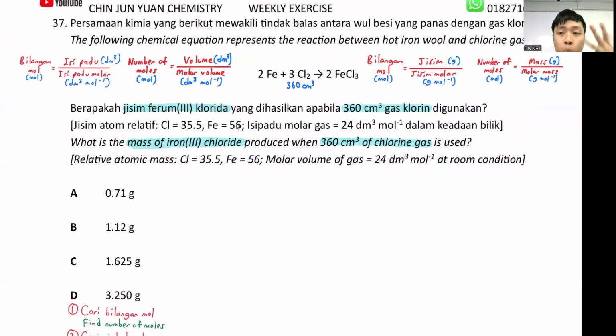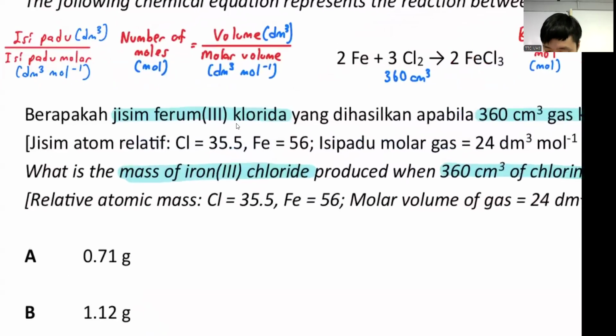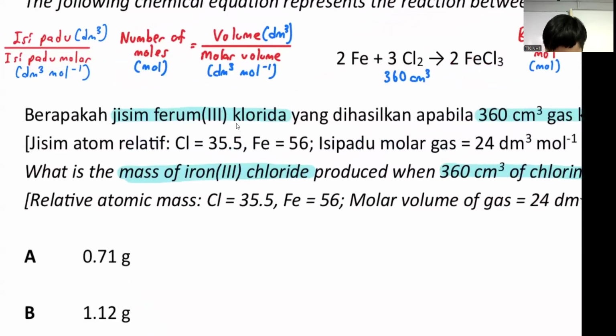Then, they ask you to find what? Mass of iron(III) chloride, mass of FeCl3. So below you put mass equals to question mark. In Malay you put gisim equals to question mark.